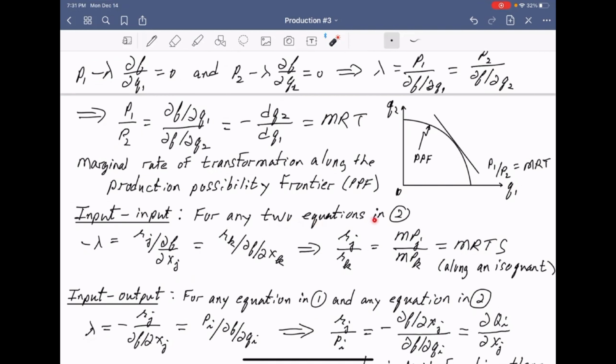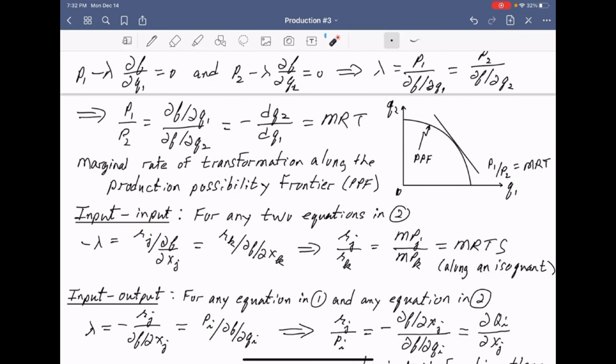For any two equations in 2, we get that minus lambda is equal to the input price divided by the marginal product of that input, and that's equal to the input price divided by the marginal product of another input. Rearranging, we get that the ratio of the input prices is equal to the ratio of the marginal products, which is equal to the marginal rate of technical substitution along an isoquant.